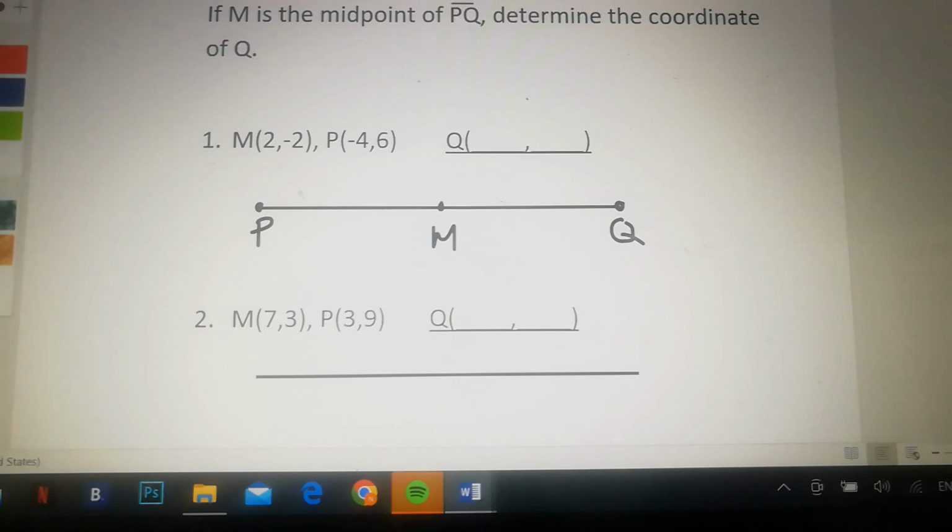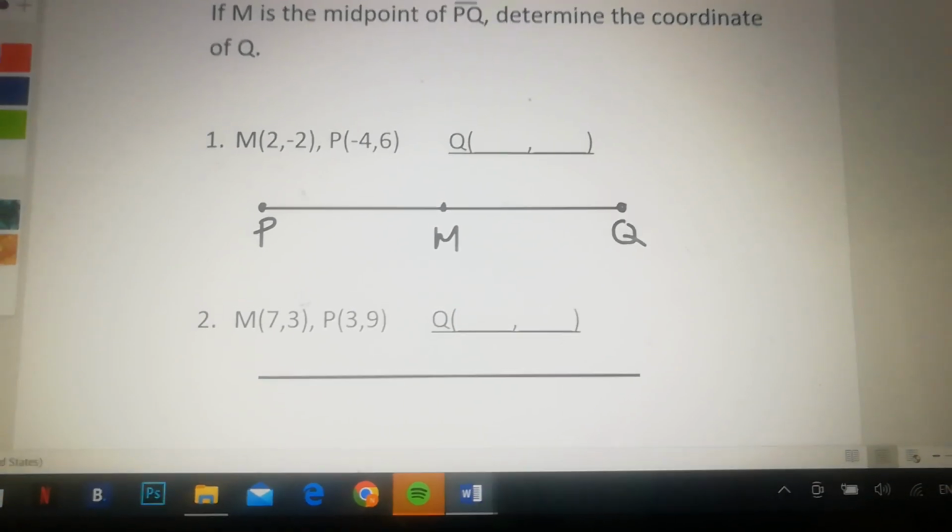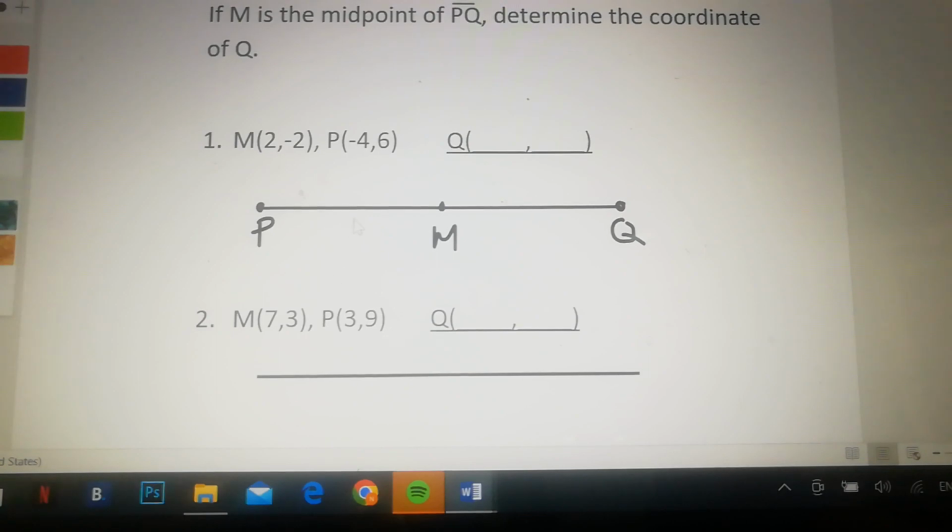Okay, so draw a segment wherein M is the midpoint. So when we see midpoint, it divides the segment into two segments with equal measures.